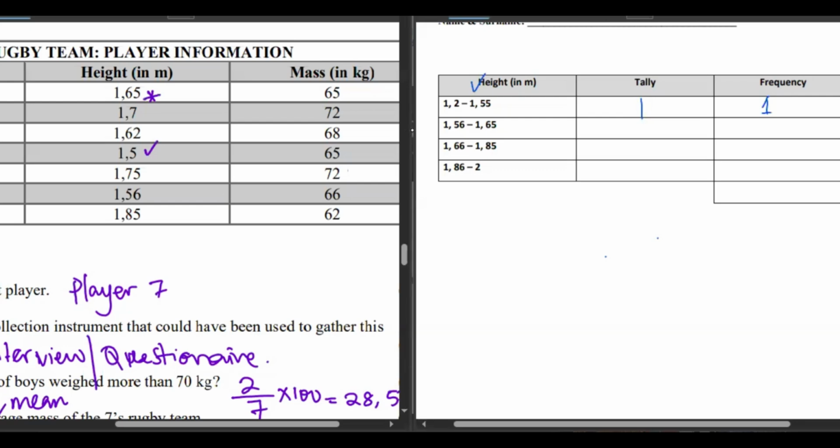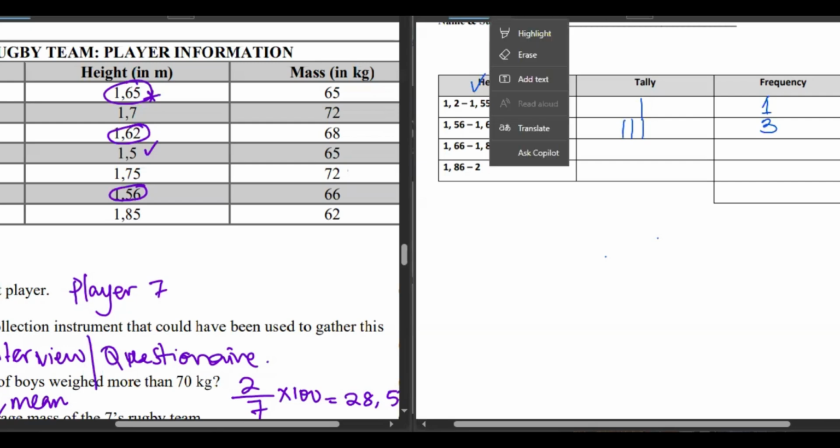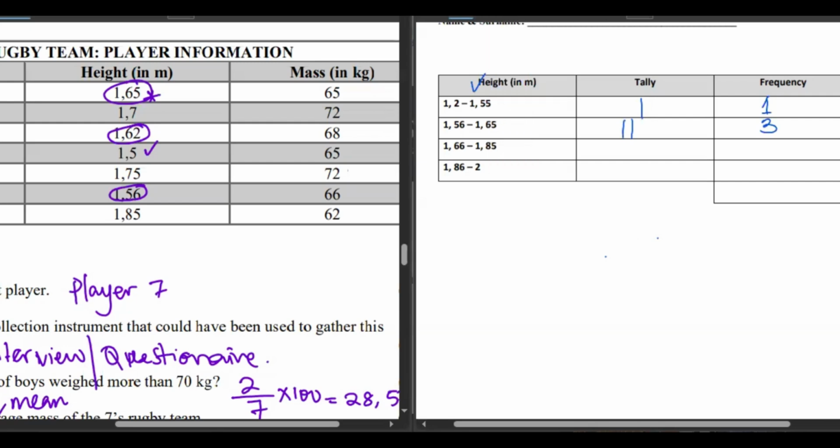Then between 1,56 to 1,65, here we have 1, 2, 3. There's no other. So this becomes 3.